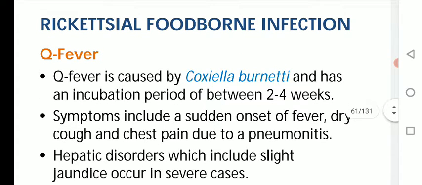So, this is a rickettsial foodborne infection, Q fever, and it is caused by Coxiella burnetii.